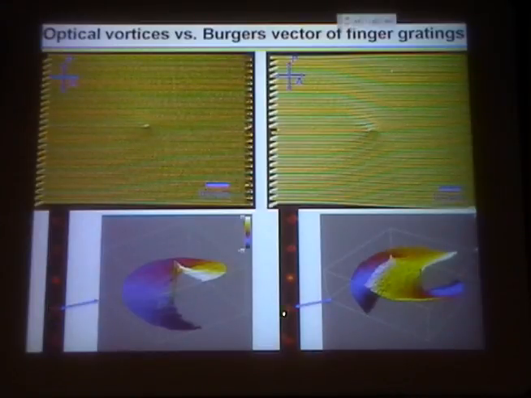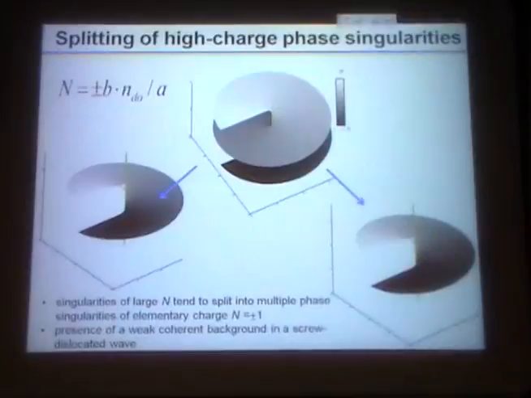And so you can see that, for example, when we use an elementary dislocation with Burgers vector equal to one, with one inserted finger in here, in the first order we have just one spot, and here we have two. So this is a higher Burgers vector or higher charge optical vortex as compared to the one in here, right?